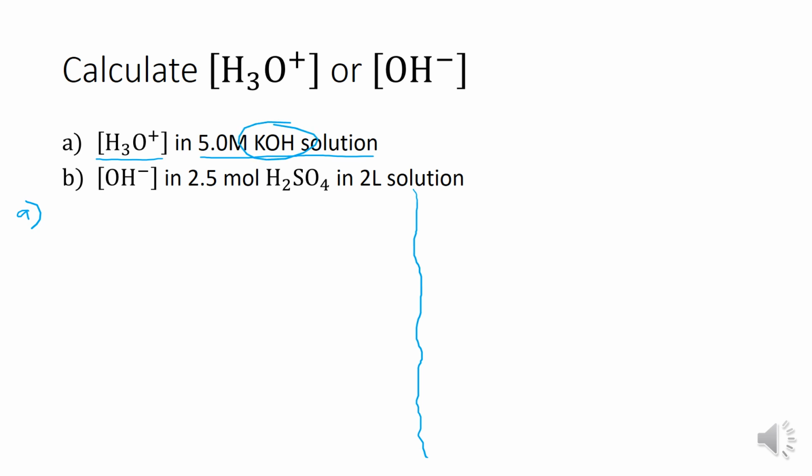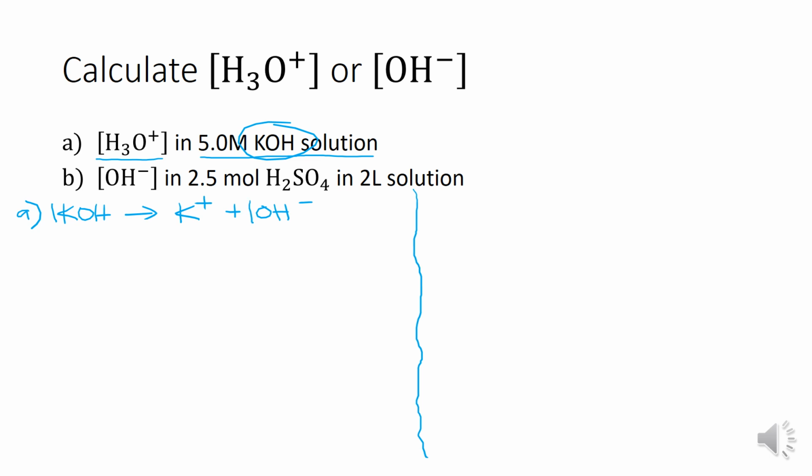Potassium hydroxide is a strong base. So if we add that to water, it will dissolve and completely dissociate into its component ions, which are potassium and hydroxide ions. Now this is a balanced equation. So for 1 mole of potassium hydroxide, we will be able to produce 1 mole of hydroxide ions.